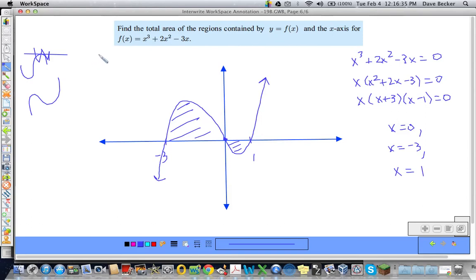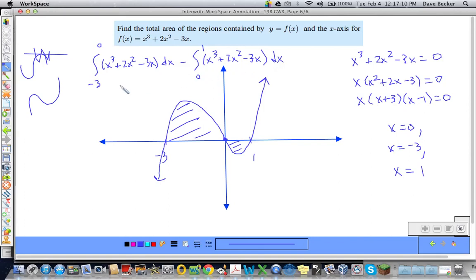So now we're going to have to do two integrals, since we're over the x-axis and then we go below the x-axis. So we're going to go from -3 to 0 of x cubed plus 2x squared minus 3x dx, minus, since it's below the x-axis, the integral from 0 to 1 of the same integral, x cubed plus 2x squared minus 3x dx.